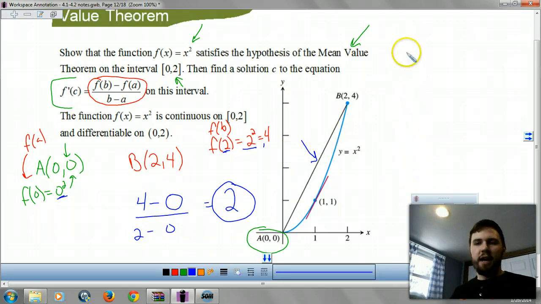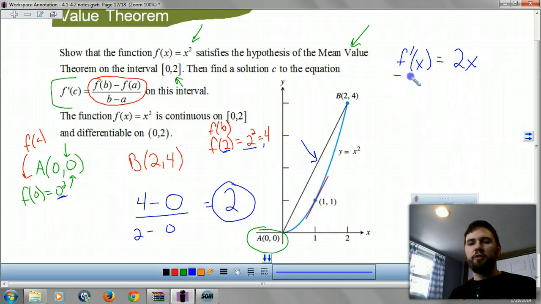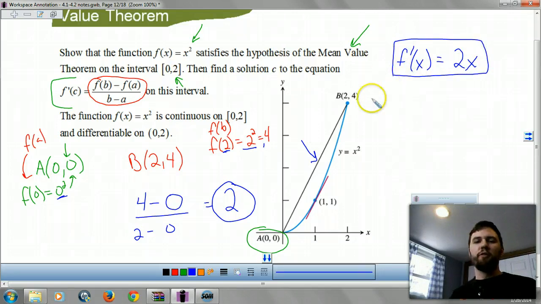So here's what we have to do next. We have to find our f prime of x. The derivative of x squared is 2x. We take our derivative and we're looking for when it equals our average rate of change. So we set 2x equal to our average rate of change, which was 2.